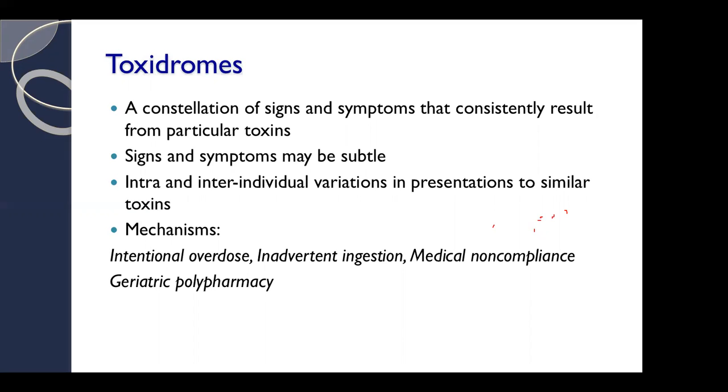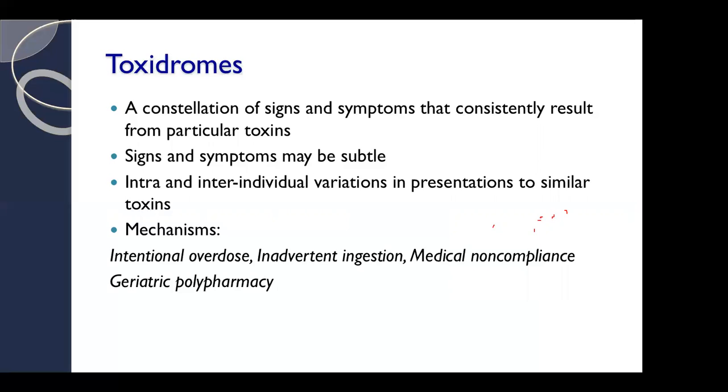Now, what do we understand by geriatric polypharmacy? In old age, the clinicians or the physicians prescribe a number of medicines, right? And in old age, people might have compromised renal functions or liver functions, right?